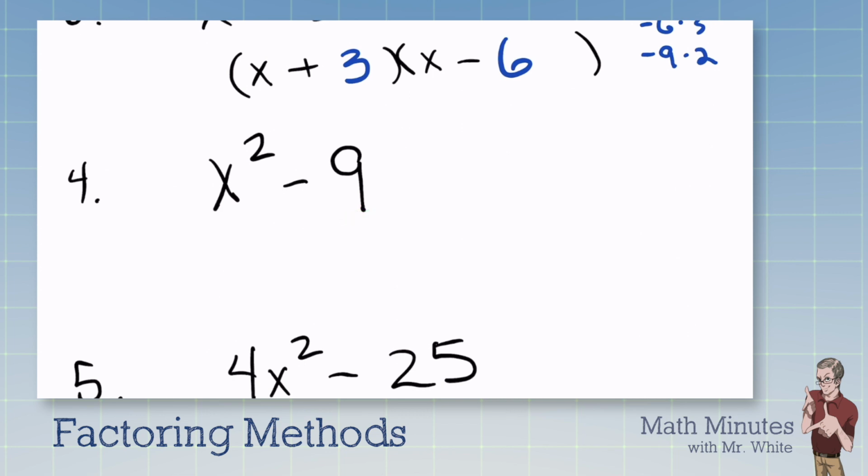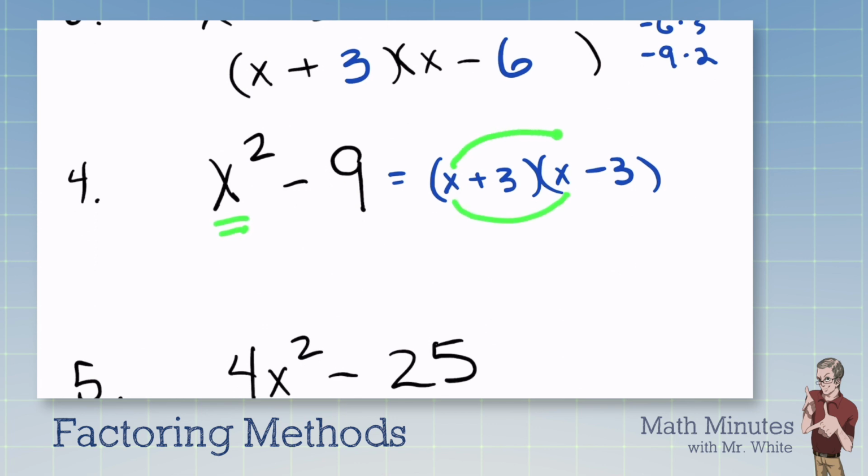However, this is one of those special ones where we have a difference, that means subtraction, of 2 perfect squares. And these factor into a really neat pattern, x plus 3 and x minus 3. So it actually reverse FOILs into this. Let's see how this works. X times x makes x squared.